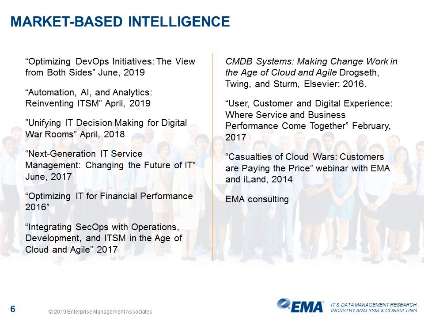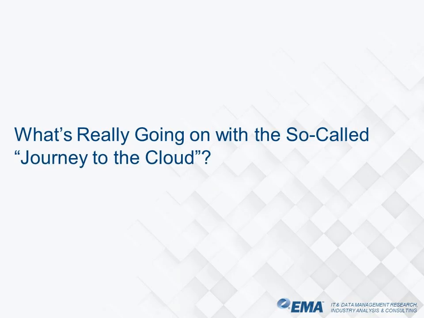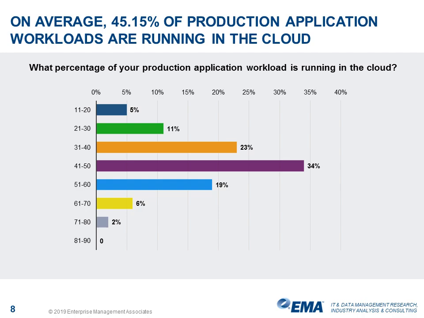As you can see, whether it's DevOps, whether it's automation and IT service management, whether it's digital war rooms is another area, going on down the list, looking at user experience and also looking at research specifically about cloud and cloud optimization. A lot of it, by the way, was research involving optimizing IT for financial performance, which is very much a part of why and how you should plan your migration.